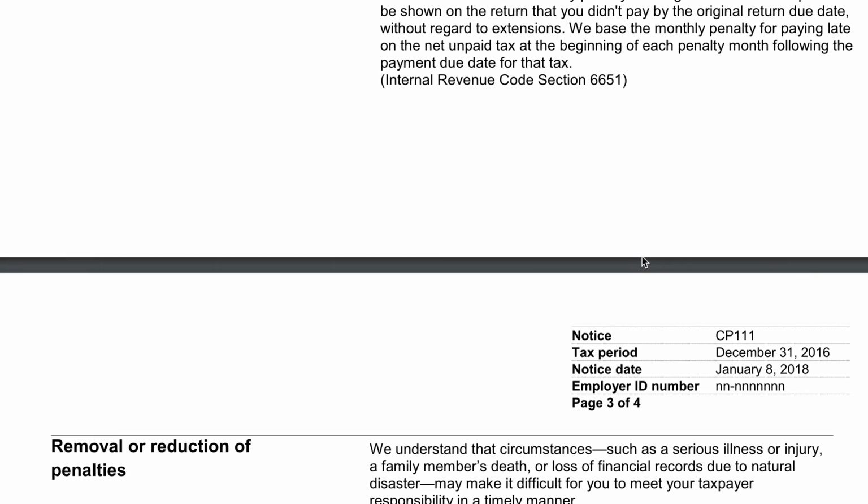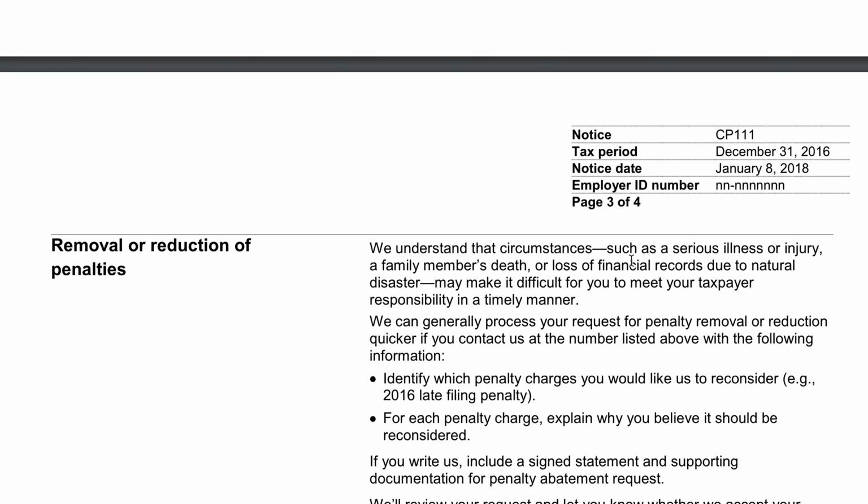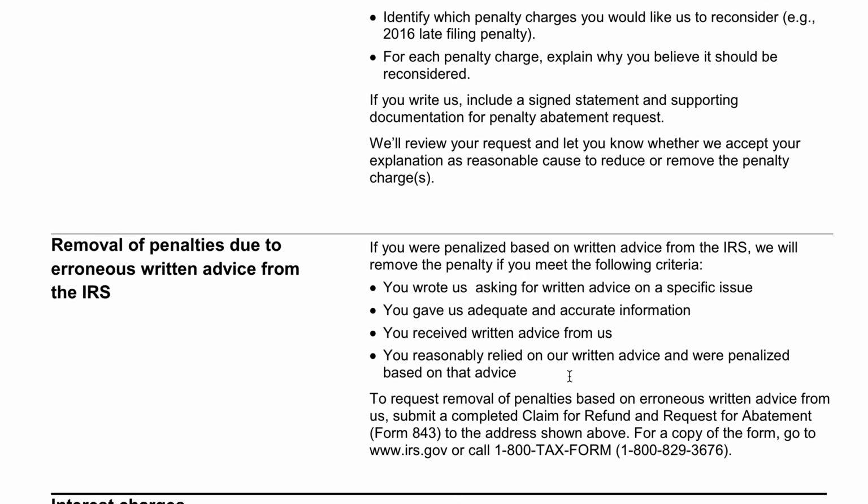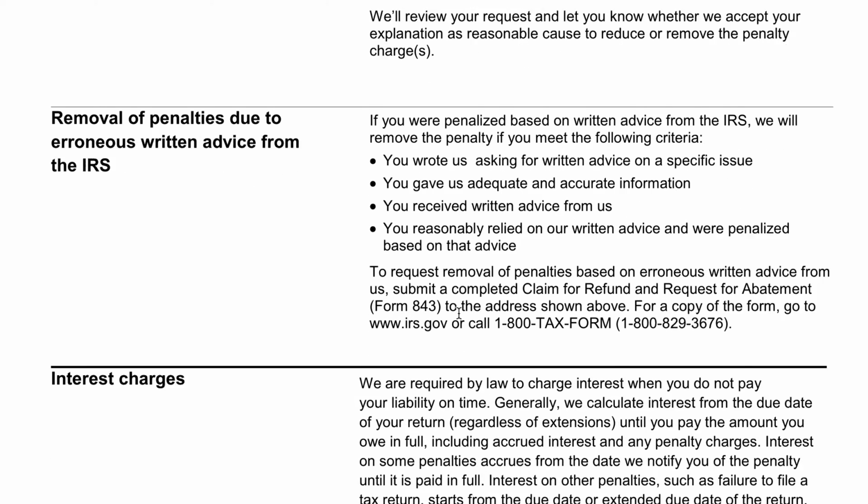So that's not clear here. That might be something that you contact the IRS for. You can request abatement of any penalties, and that might be a situation where I would request an abatement using Form 843, which we'll put a link to in the show notes in our resources.